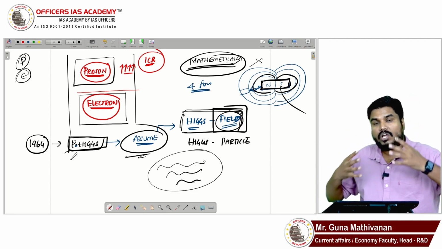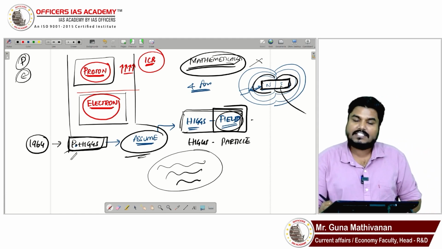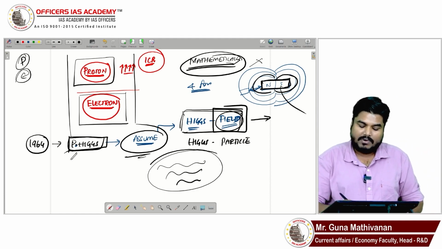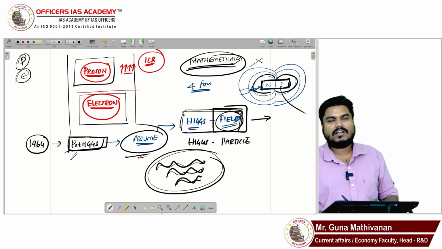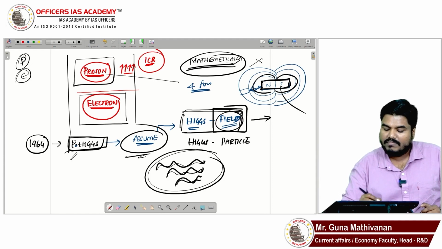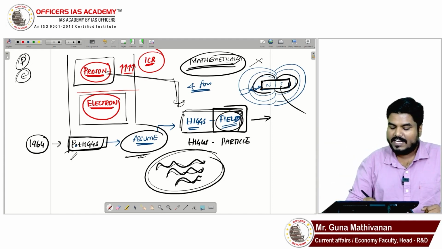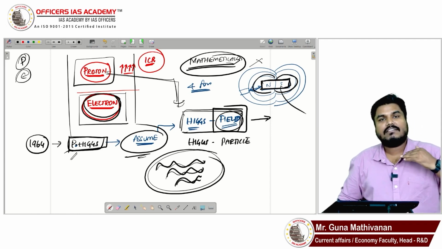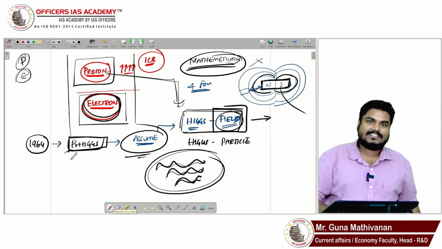So he was saying that this Higgs field is something like a water body, and this proton is interacting more with this Higgs field, so proton is getting more weight. Electron, when compared to proton, its interaction is very less, so electron's weight is very less.